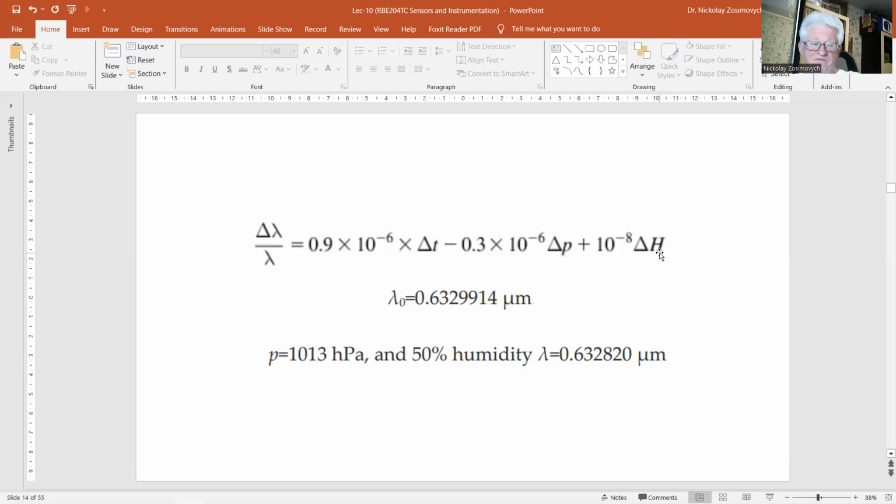An example: the wavelength of the helium neon laser in vacuum is lambda naught equals 0.6 micrometers. In air with a temperature of 20 centigrade, pressure equals 1013 hectopascals, and 50% humidity, you get lambda of about 0.6, and you can see from the last values it's a big difference from lambda naught in micrometers, right?